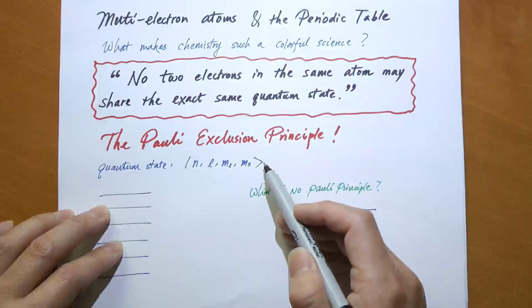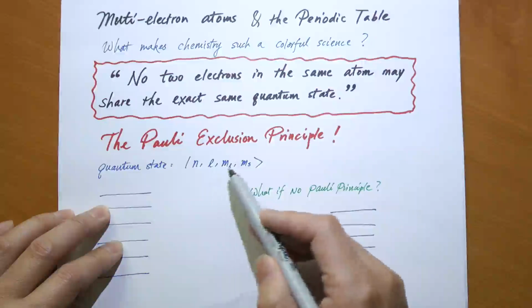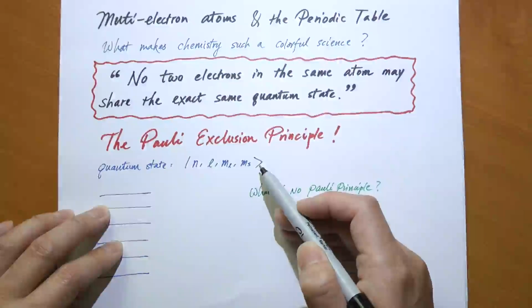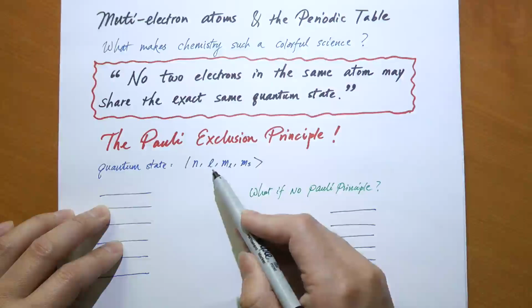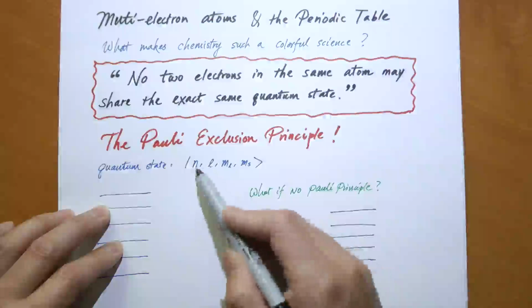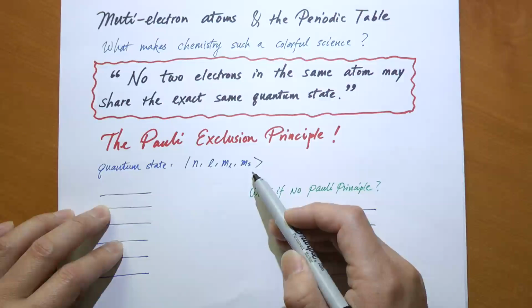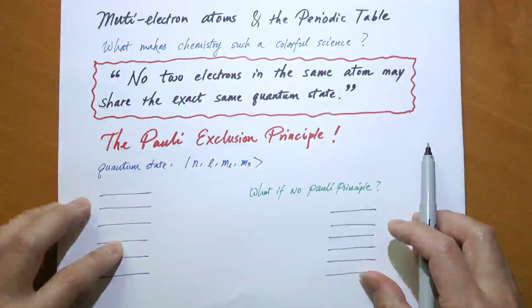You cannot have two electrons in the same atom for which these numbers are identical. For example, if one electron already has 1, 0, 0, and 1/2, you cannot have another electron have 1, 0, 0, and 1/2, because it violates the so-called Pauli principle.